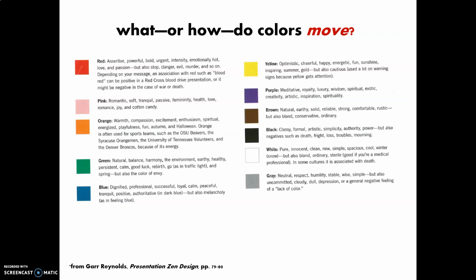It's associated with Chinese New Year. So it's a little bit different in different cultures. Same thing with white and black. They can mean different things in different cultures. But if you are interested in Western values, go ahead and check out this slide because it has some really cool correlations with colors. If you're trying to decide what colors to use, you could actually create a certain mood with the colors that you use.